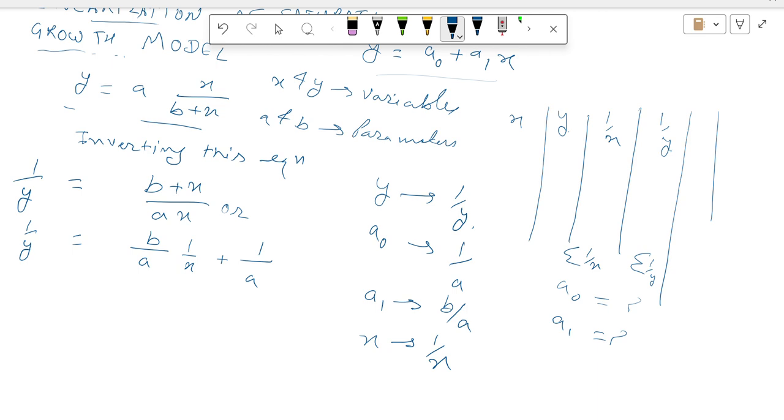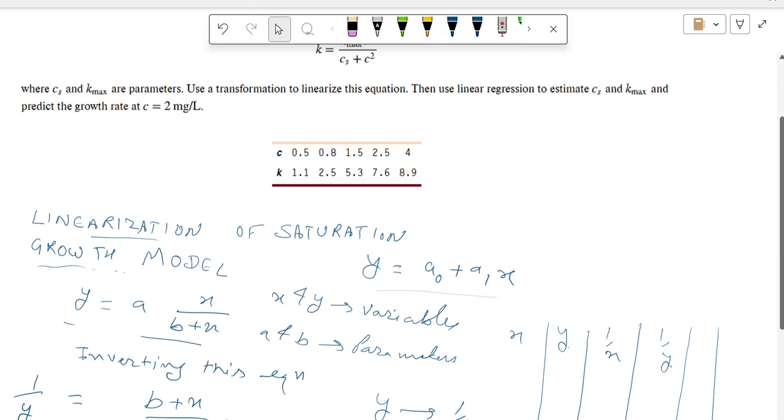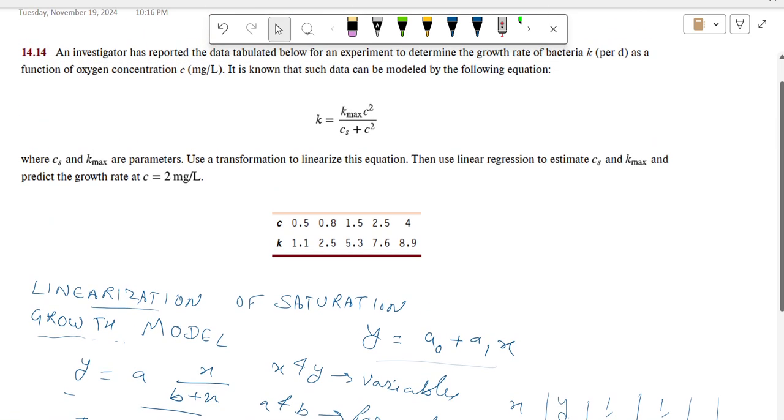So what I'm going to do here is solve this problem, which looks very similar to that model, except there is a little bit of a trick here.